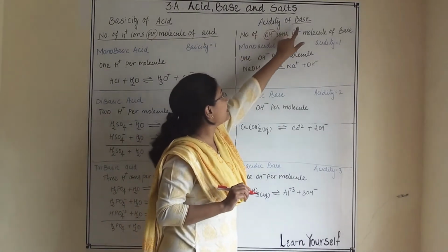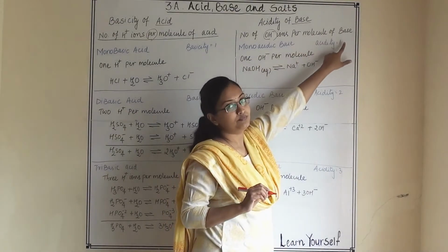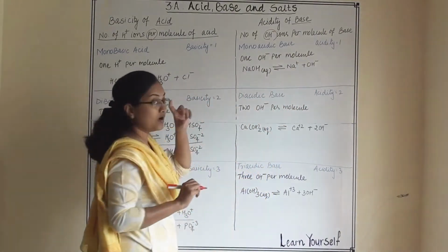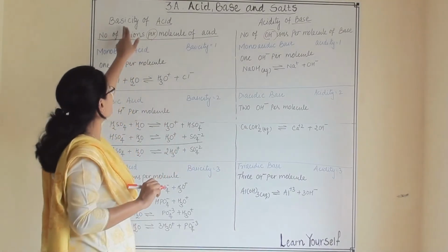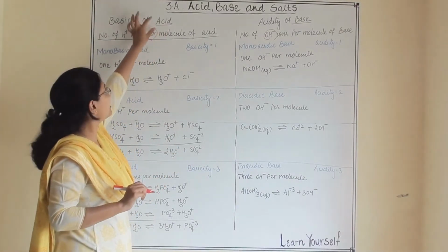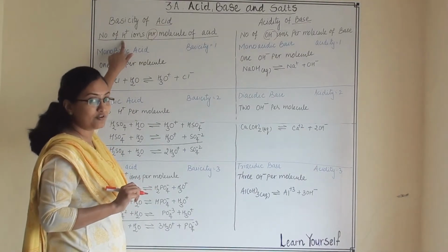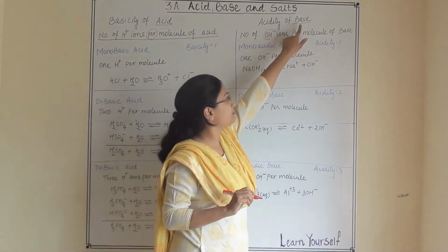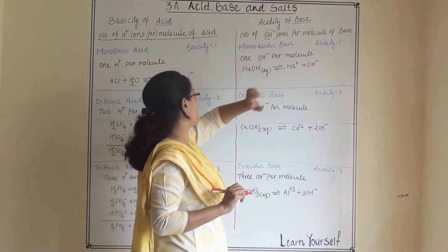Acidity of base means the number of OH minus per molecule of base. So in one molecule, how many H plus ions are generated refers to the basicity of acid. When we are writing acid, see the number of H plus ions last. When we are writing base, see the number of OH minus ions last.